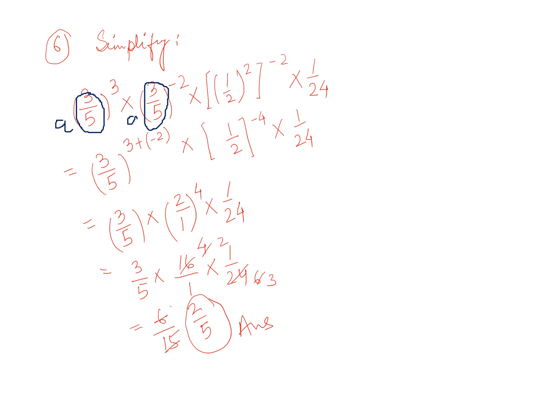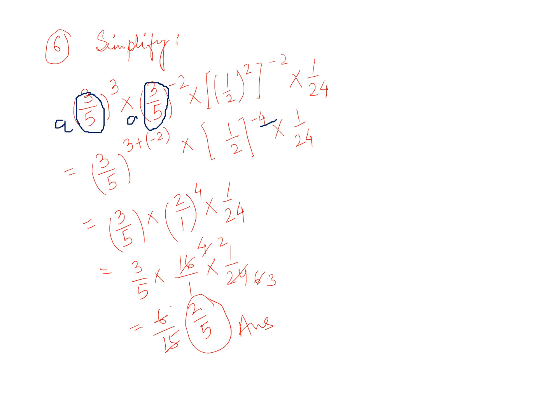Now here if you see power of power, isn't it? 1 by 2 to the power 2 and then again a big bracket to the power minus 2. So 2 into minus 2 will be a minus 4 into 1 by 2 to the power 4. Now 3 minus 2 is 1. So I have not written 1 here. 3 by 5 I have written as it is into 1 by 2 to the power minus 4.